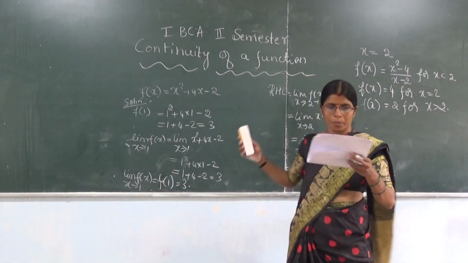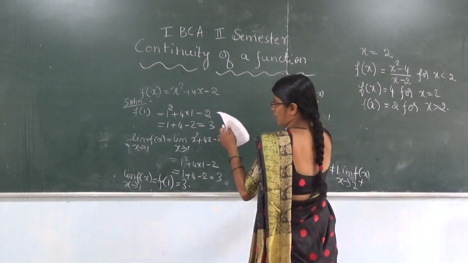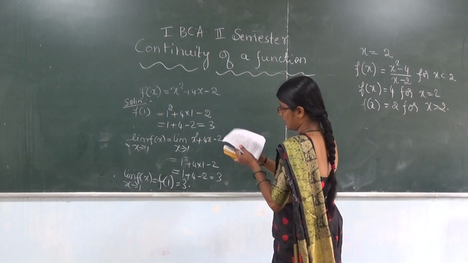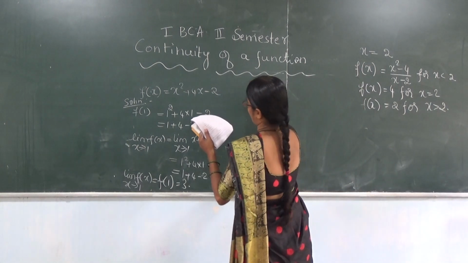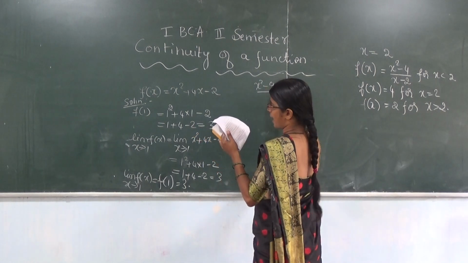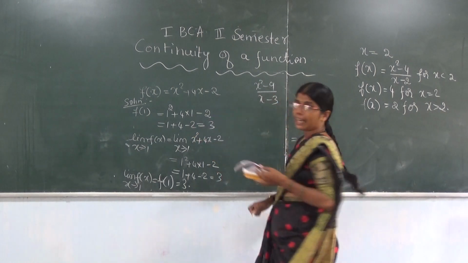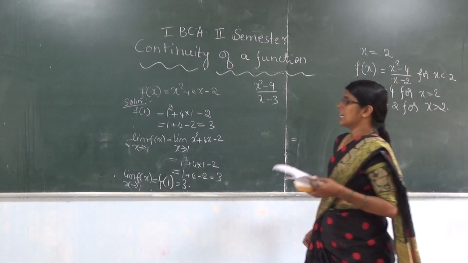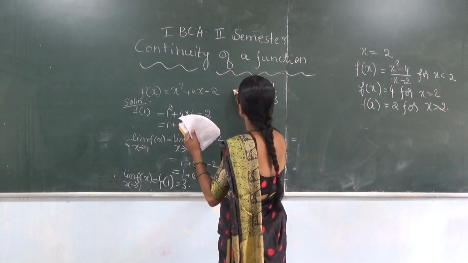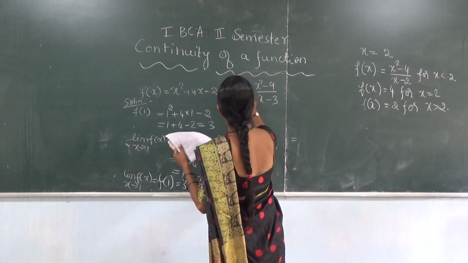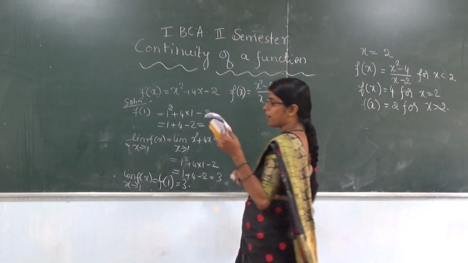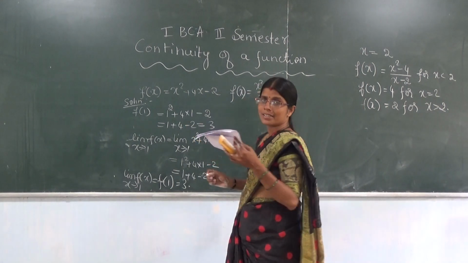Next problem is prove that the function (x square minus 9) by (x minus 3) is discontinuous at x is equal to 3. We take here f of x is equal to x square minus 9 divided by x minus 3.